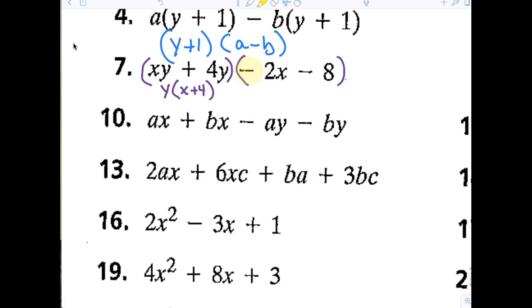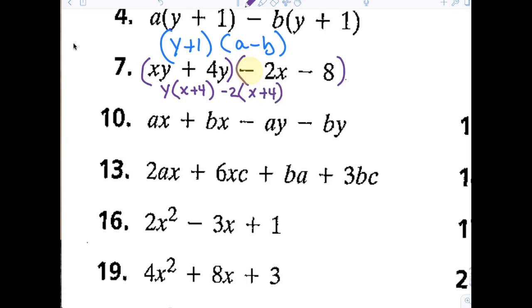When you factor out a negative, what does that do to the signs? It just switches or changes them. So what is common? A negative what? A negative 2. So you pull out a negative 2. And when you pull out a negative 2, the x becomes positive x, and the 8 becomes positive 4.